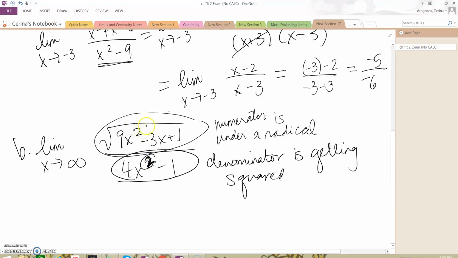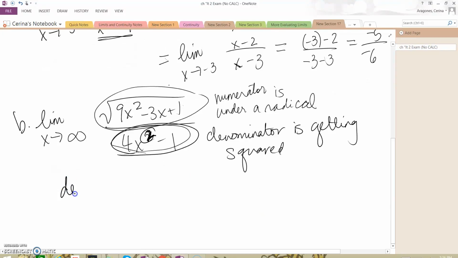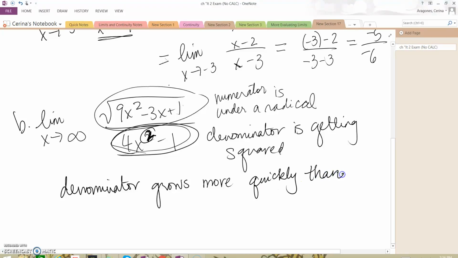the numerator is being square rooted, so it's not increasing at a rate as fast as something getting squared. So your denominator grows more quickly than your numerator.